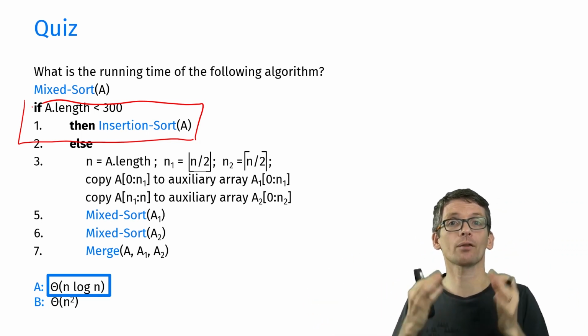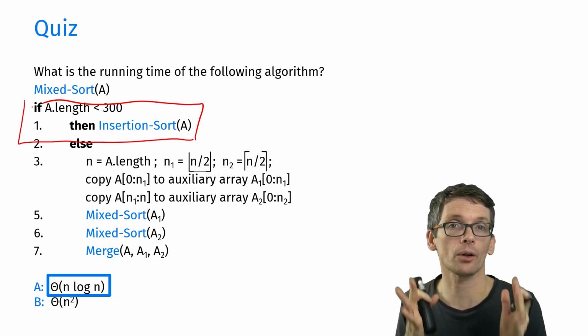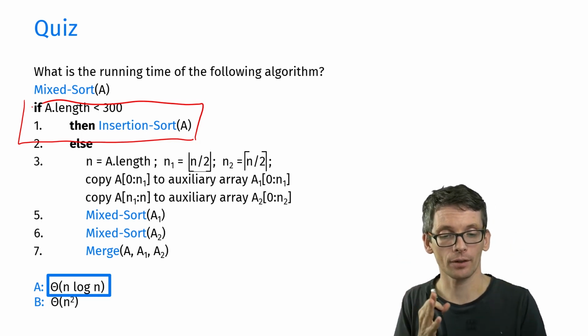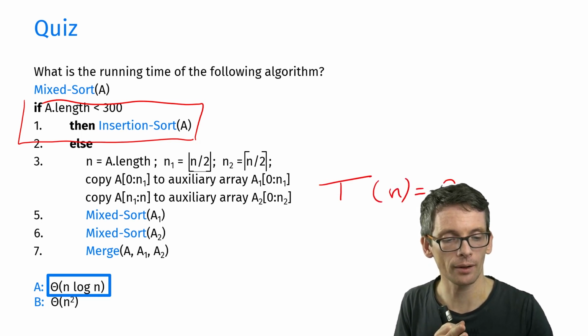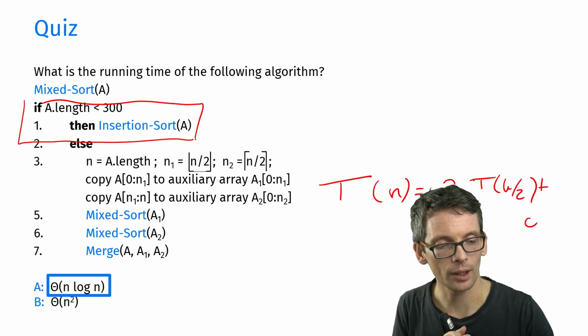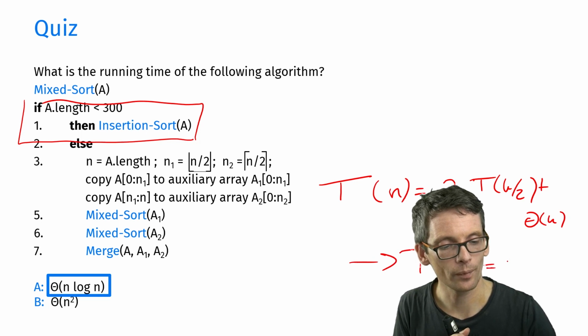We'll have to wait for a future video to solve the corresponding recurrence and actually prove that T of n being 2 times T of n half plus order n solves to n log n.